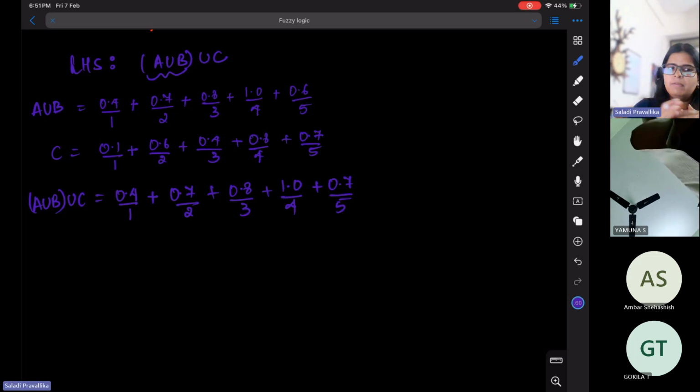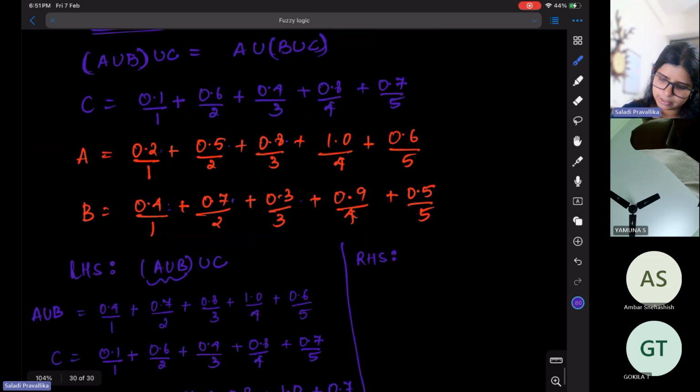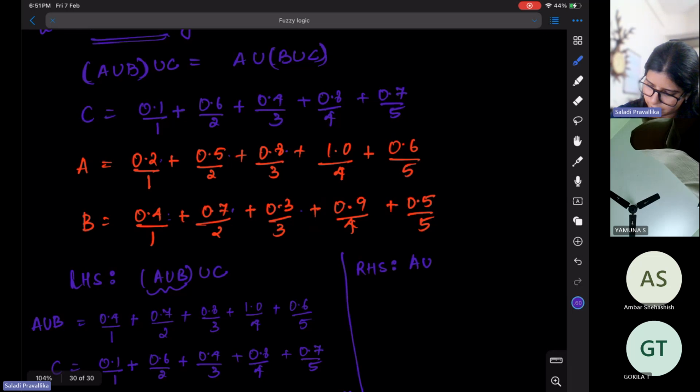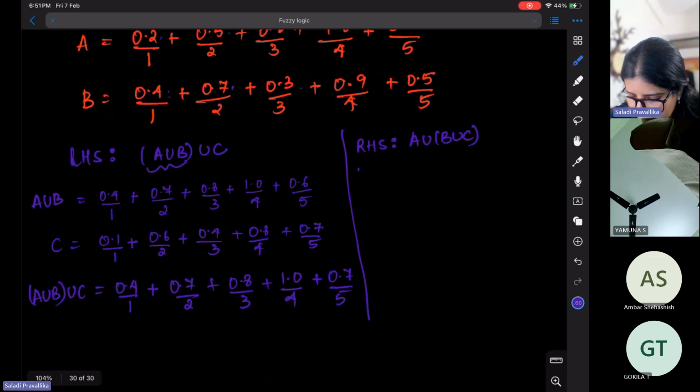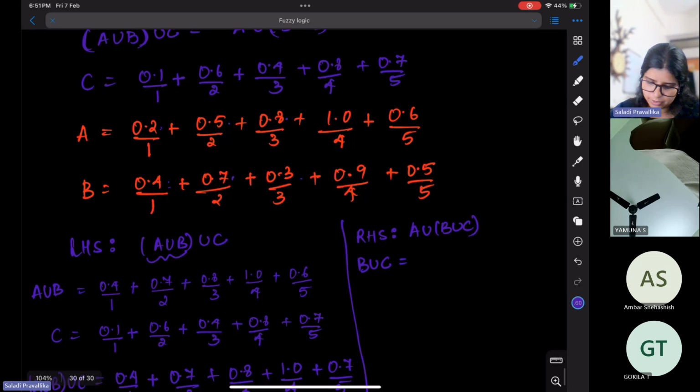Right? So now we have solved for the LHS, that is the left hand side. Now let us look at the right hand side. What is there at the right hand side? A union (B union C). For this we need to find B union C first. Let us look at B and C together. For x equal to 1, the highest is 0.4, for x equal to 2, the highest is 0.7.